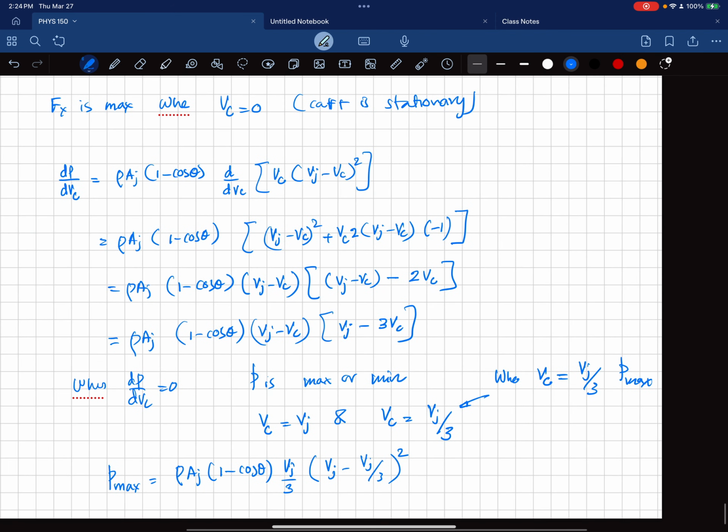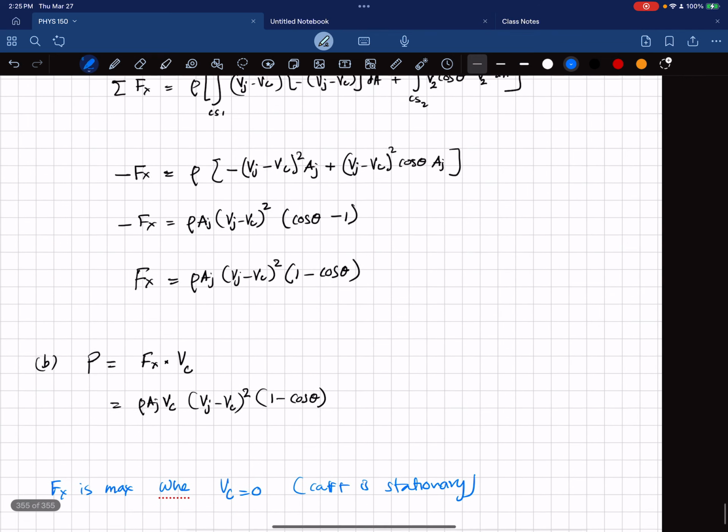And then you get rho Aj 1 minus cosine theta. Just get 2/3 squared, that means 4 over 9, and 9 times 3 is 27, and we get 4 Vj cubed over 27. That's the maximum power.